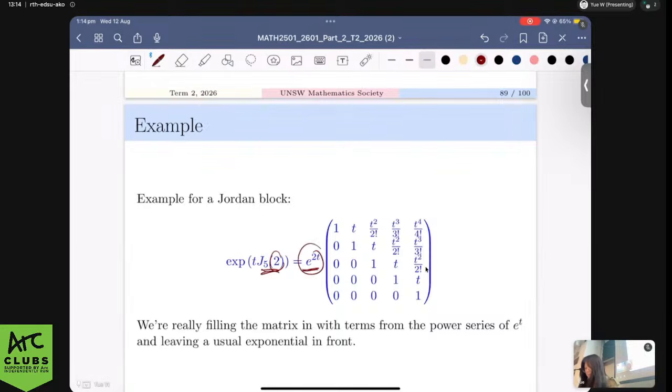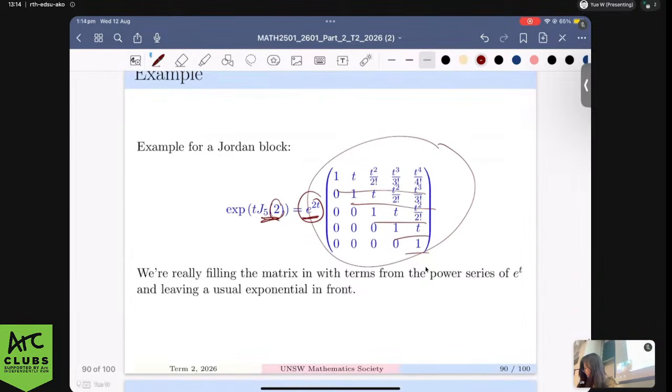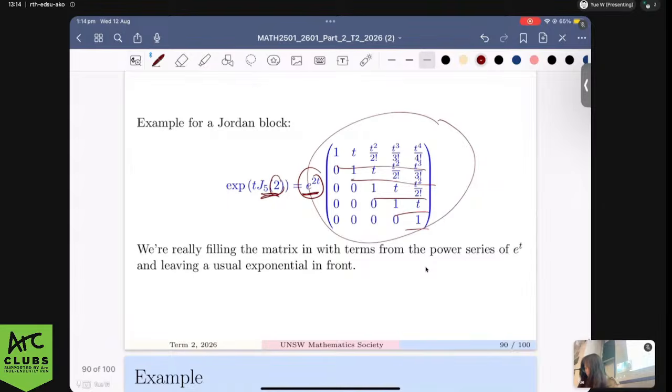So e to 2t multiplied by this in here, where you recognize that each row here is basically your Taylor series for exponentials. So yeah, as I've said before, we're really just filling in the matrix with terms from the power series of e to t.